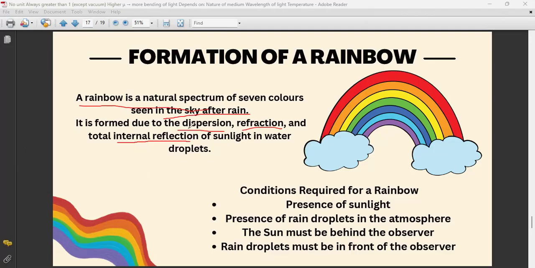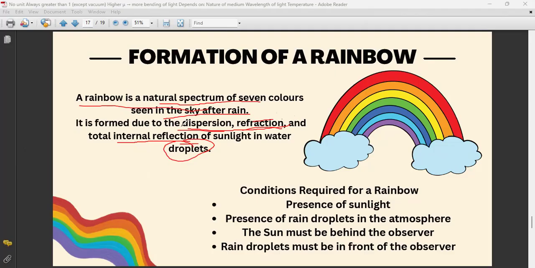So these three concepts happen in the same phenomenon here. So that is the beautiful rainbow which we see just after the rain. A rainbow is a natural spectrum, like the spectrum we have seen formed by the prism. So here we see the rainbow, a natural spectrum of the seven colors in the sky after the rain.